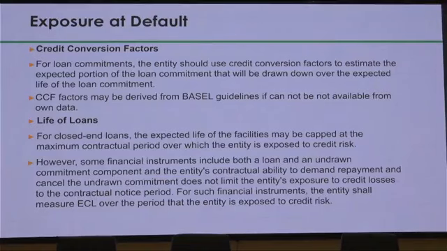You will have to extend the life to 3 years, because that is based on the behavioral pattern of that loan. But again, the standard says that if you can unconditionally and unilaterally cancel that facility anytime, then you can restrict the life to the contractual arrangement. These are the two aspects that need to be considered in exposure at default.